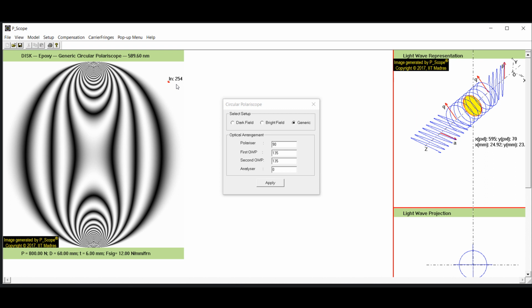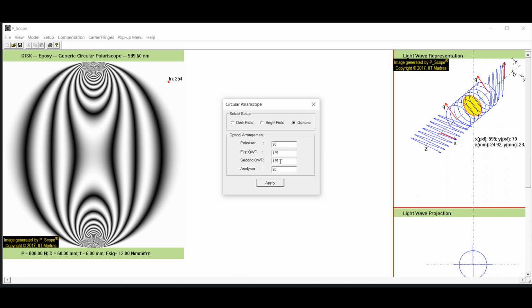Now, let us look at the second question that was asked. When both are kept parallel, let me say that my polarizer is kept at 90. To make it parallel, my analyzer also should be at 90, and my first and second quarter wave plate are at 135. Now, if I apply, I'll be able to see whether it is bright field or dark field.